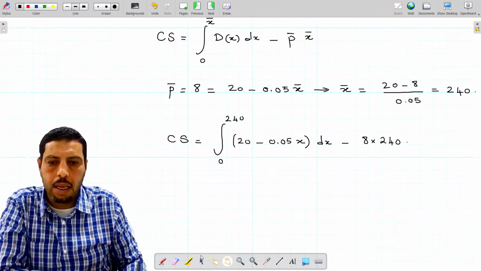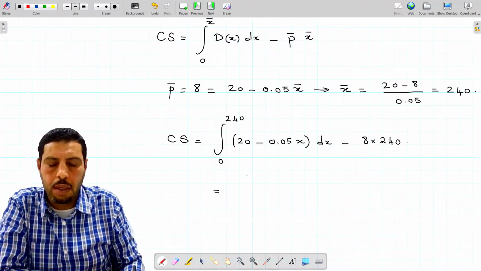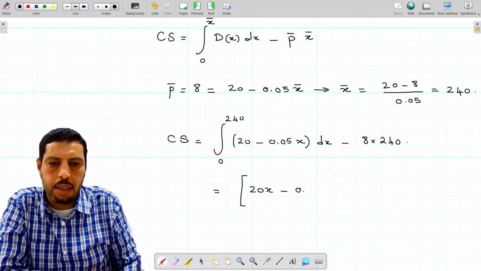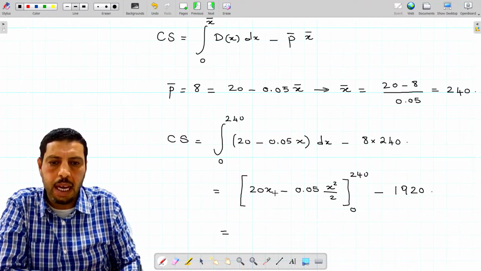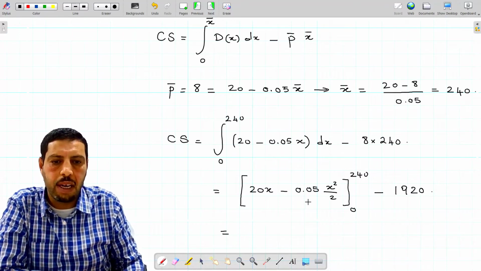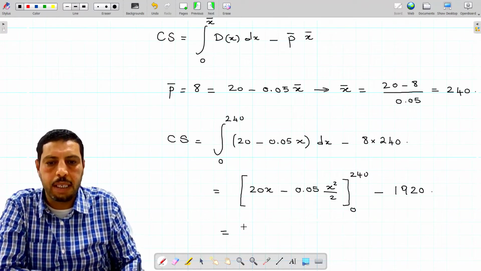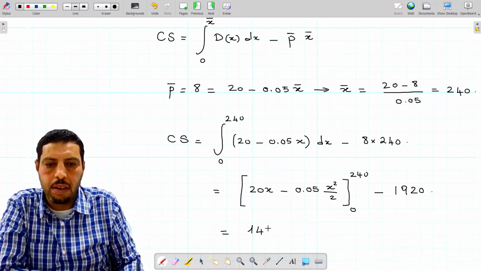That is equal to 20x minus 0.05 x squared over 2, taken between 0 and 240, minus 1,920. Evaluate this quantity at 240, evaluate it at 0, make the difference, and you will find that the consumer surplus is equal to $1,440.